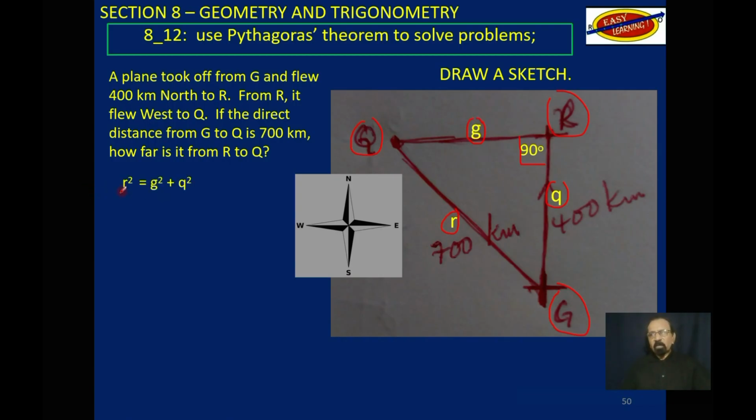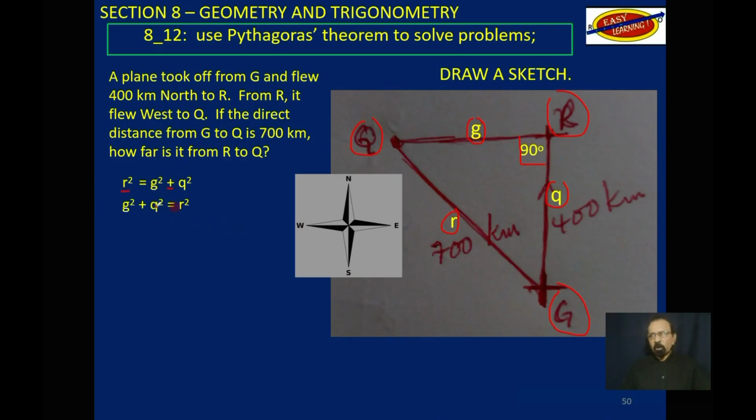So r squared, which is a hypotenuse, is equal to the sum of the square of the other two sides. So r squared is equal to g squared plus q squared. Remember I said this formula has 3 variables. If you know 2, you could find the third one, which is our situation here.